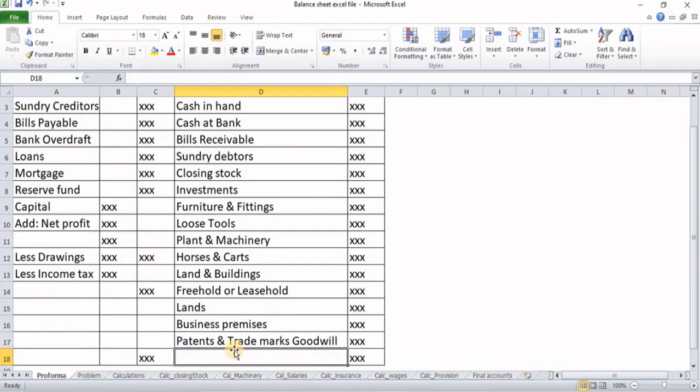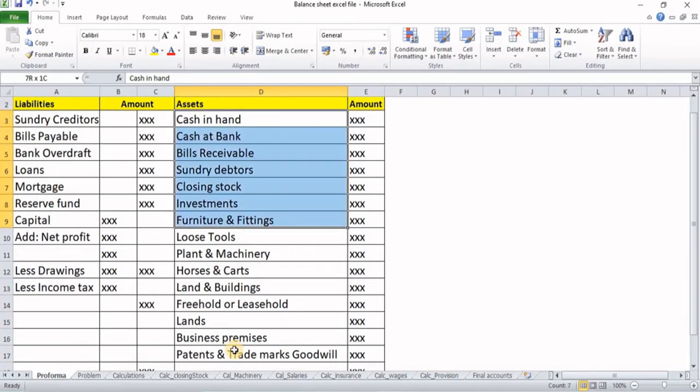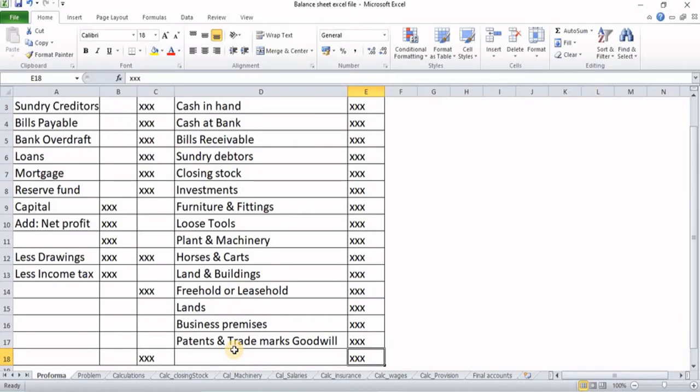All these are considered as assets. In other words, assets are the valuable things owned by the business. We need to add all the amounts on the asset side to arrive at the total amount, and both the totals on the asset side and liability side should match with each other.